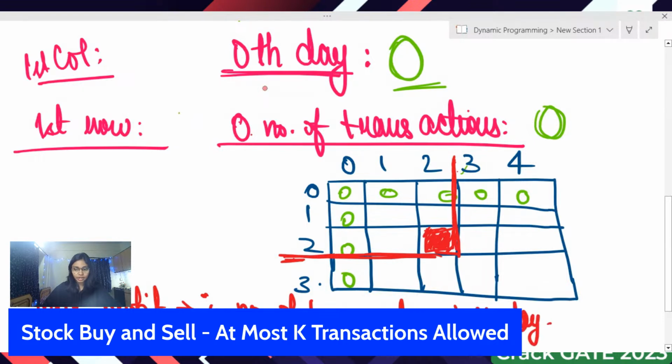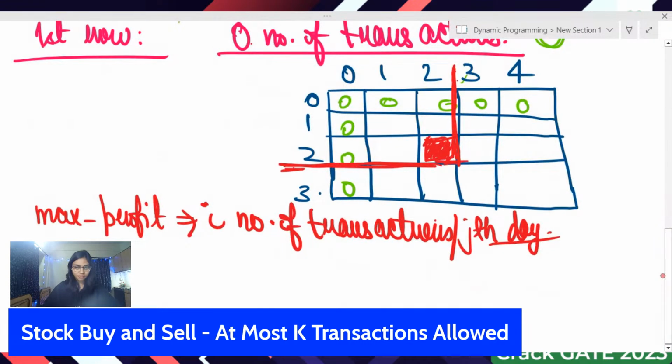Obviously, the cell value will signify that we have made two transactions by the second day. So after making two transactions on the second day, whatever the maximum profit you get will be written in this cell. That is how this table is going to be filled.